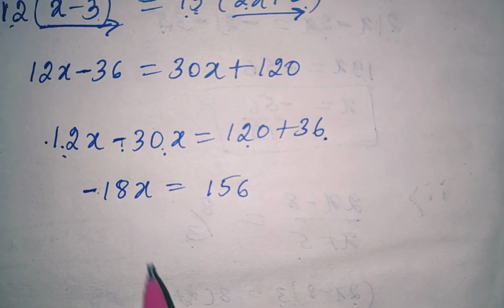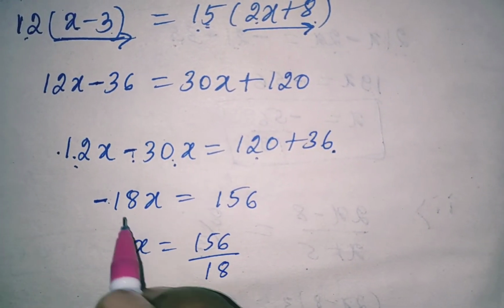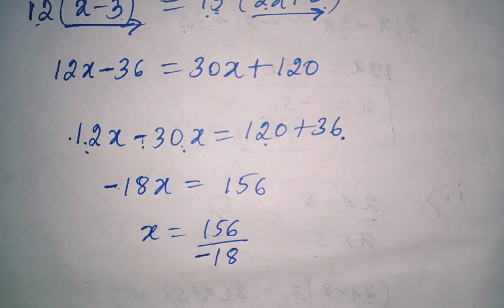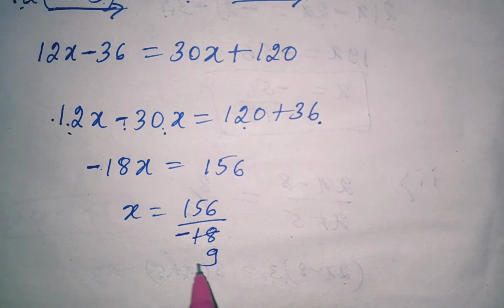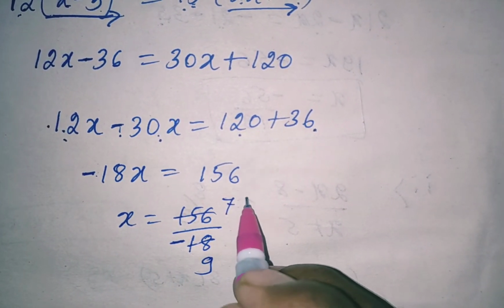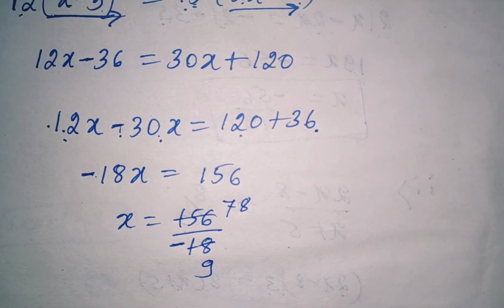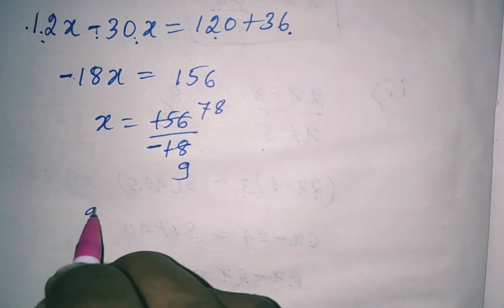156. Then x is equal to 156 divided by minus 18. Now we need to divide. 2 9s are 18, 2 7s are 14, 2 8s are 16. So right now, again, is it possible to divide?